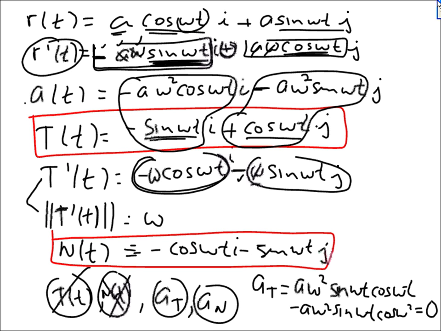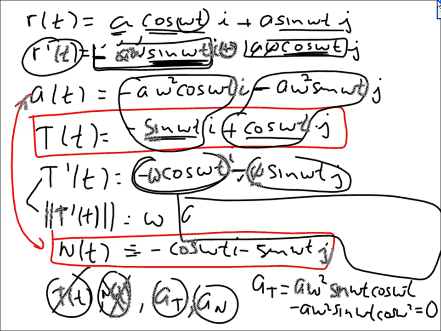Okay. Now, to find a sub N, I dot a with N. A sub N is a dotted with N. So, I take a and I dot it with N. They're both negative.